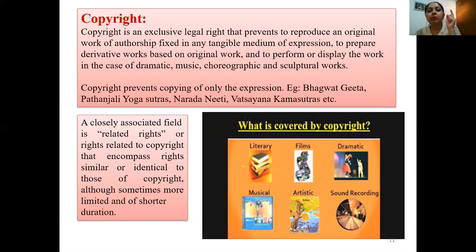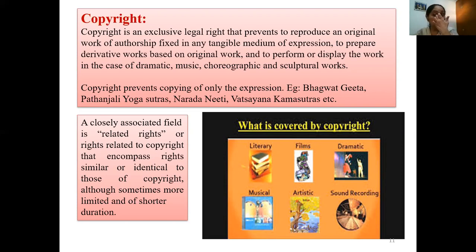Copyright is an exclusive legal right that prevents reproduction of an original work of authorship which is fixed in any tangible medium of expression. It can be fixed in the form of a book, a sculpture, a Veda, or a music CD.